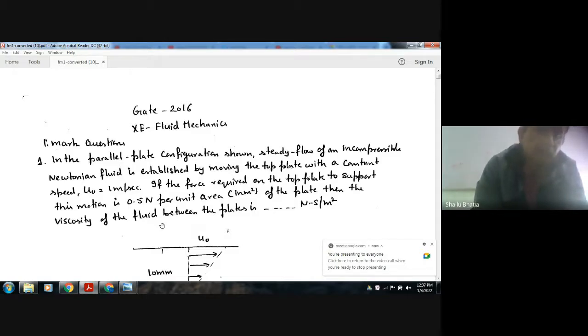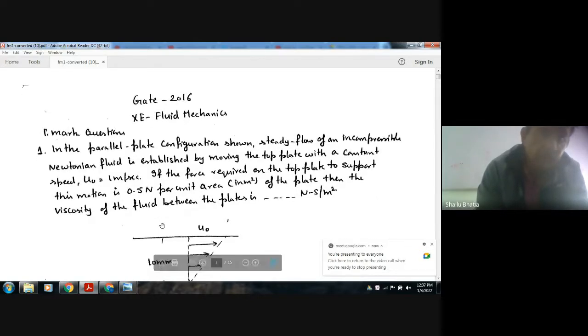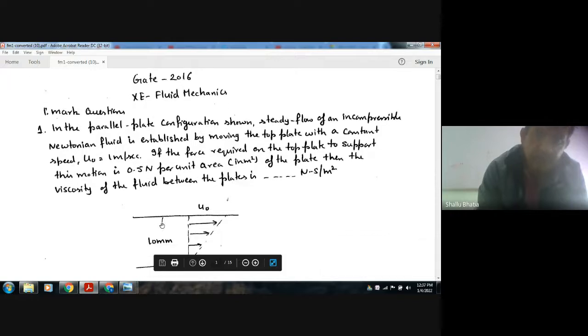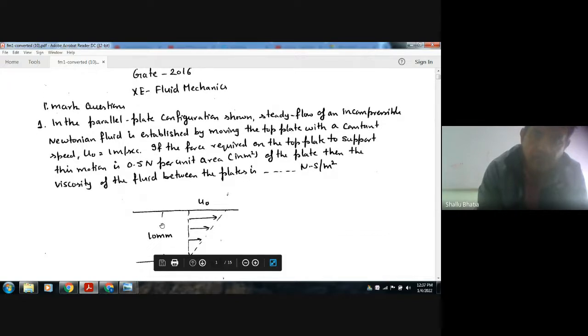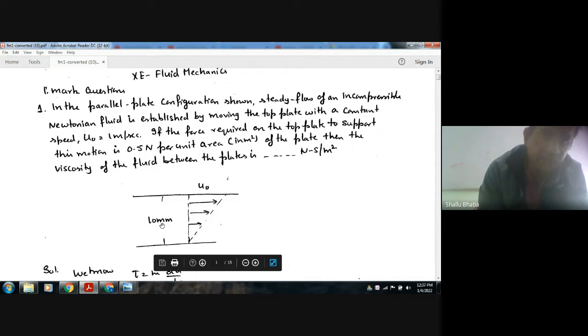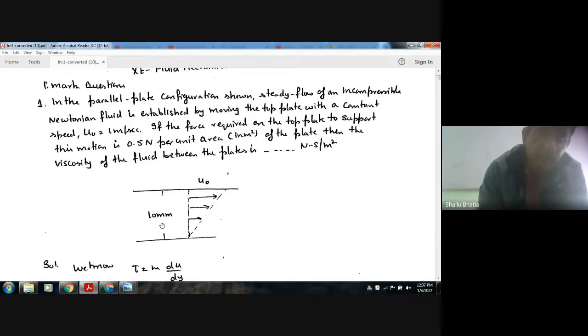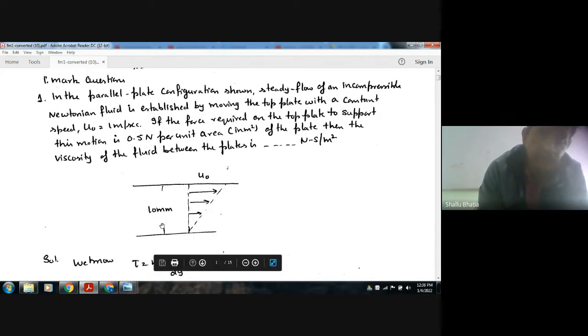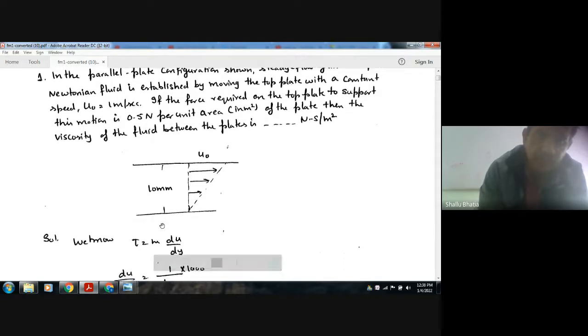Okay. First of all, one math question. In the parallel plate configuration shown, free flow of an incompressible Newtonian fluid is established by moving the top plate with a constant velocity u naught equal to 1 meter per second.